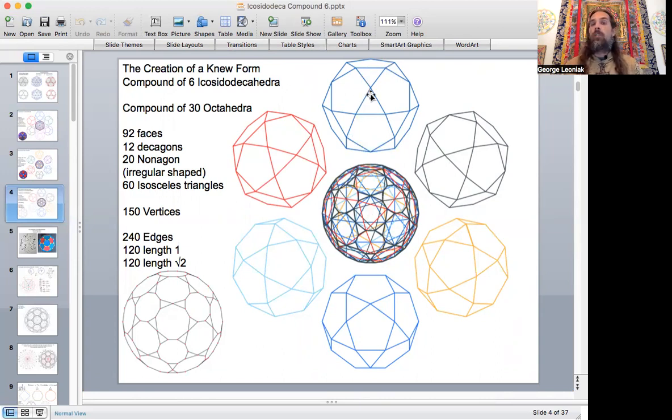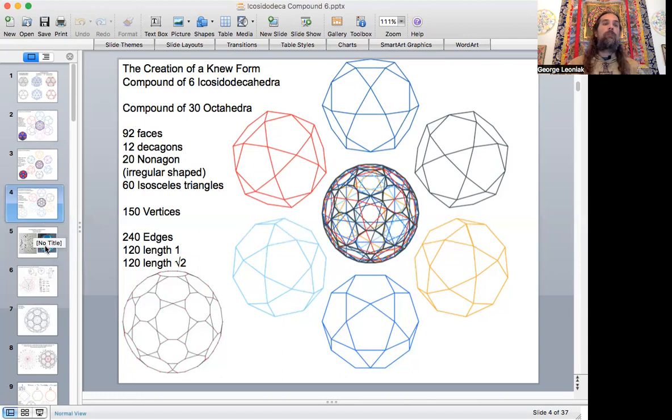So it doesn't have its own unique vertices that it's contributing. So it comes up to 150 vertices. And I really like the balance of the edges: 240 edges, 120 of which are a 1-inch edge, which is the decagon's edge. And then for the isosceles triangles, 2 of those edges are square root of 2, and there are 120 of those as well.